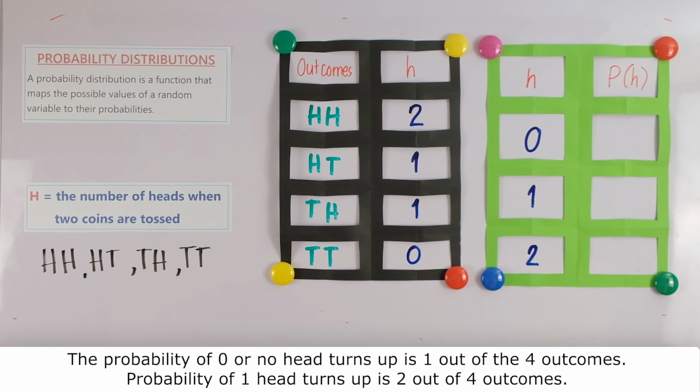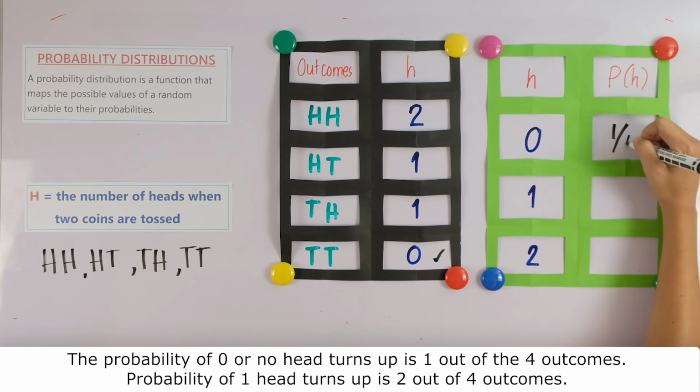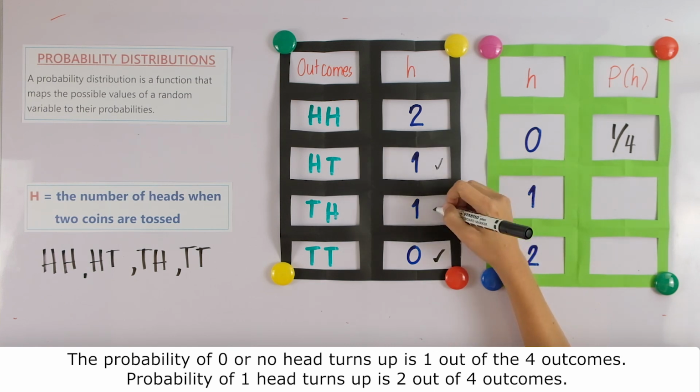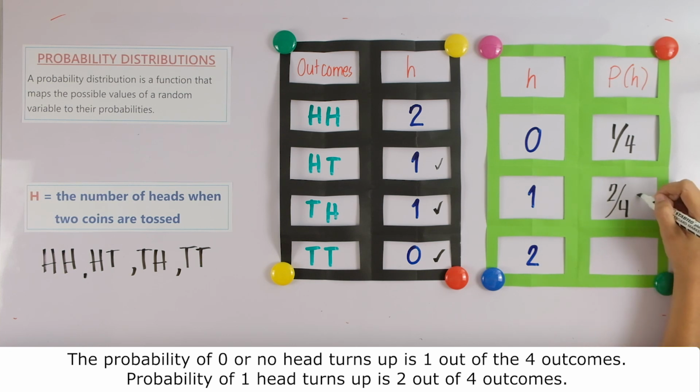The probability of 0, or no head turns up, is 1 out of 4 outcomes. In symbols, that is equivalent to 1/4. For the probability of getting one head, we have 2 out of the 4 outcomes, or we can simplify that into a half.